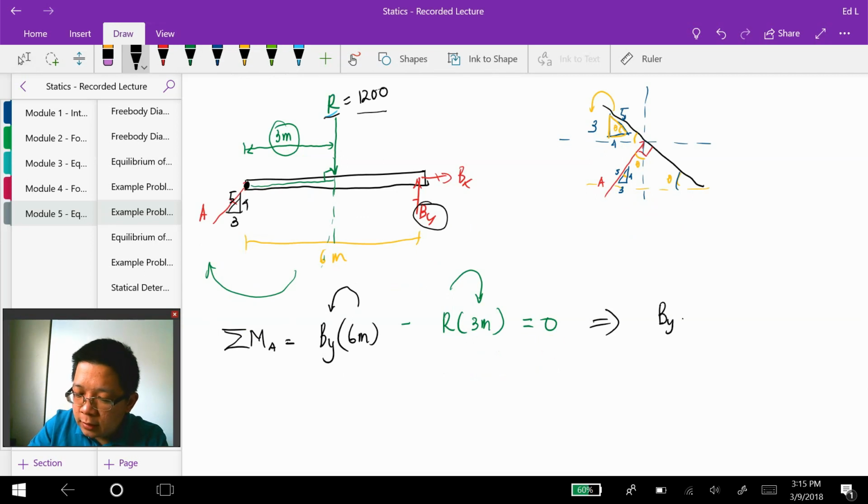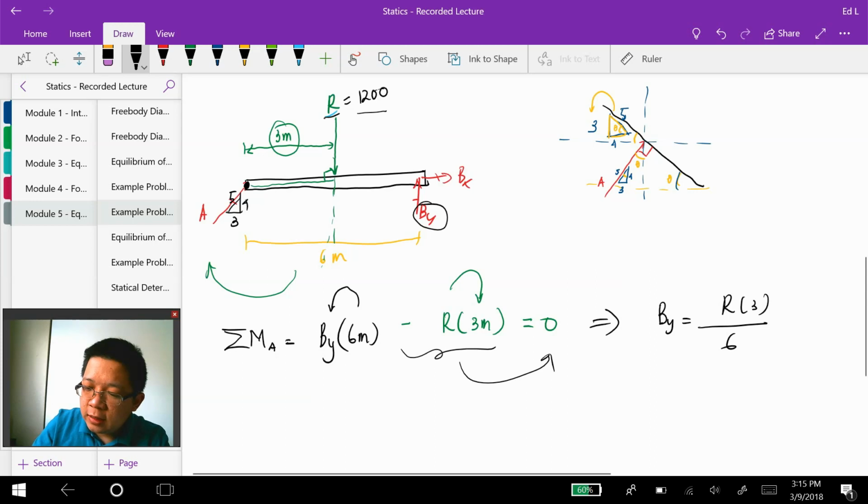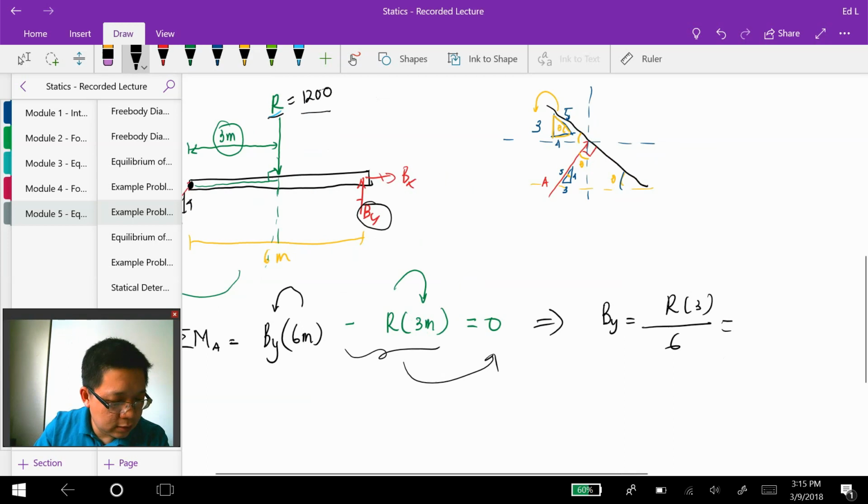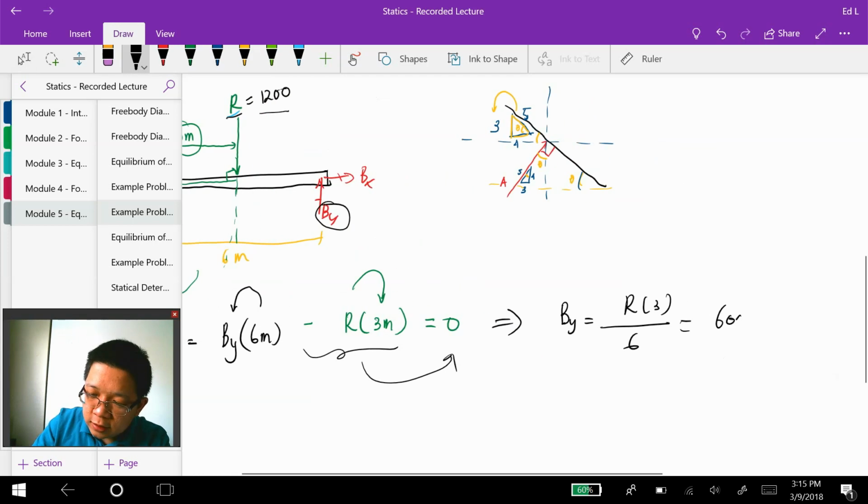So By is R times 3 divided by 6. I move this to the right-hand side of the equation and divide by 6. Then here I obtain that By is equal to 600 Newton.